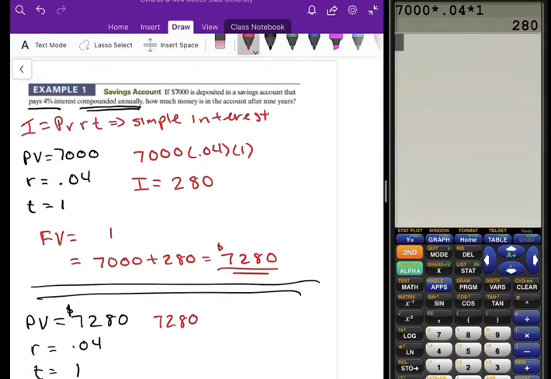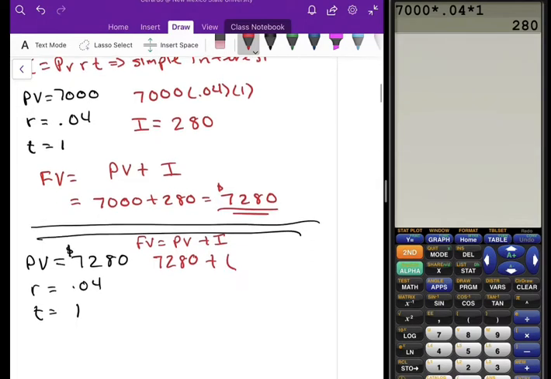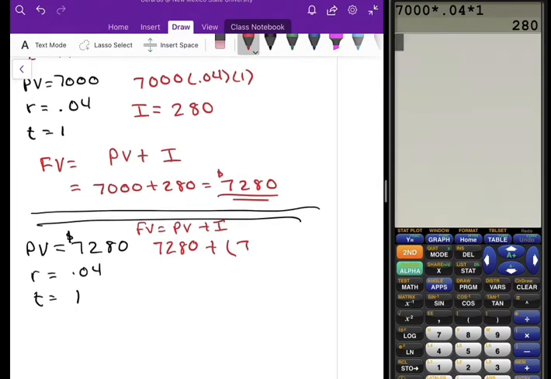This is present value plus interest. Again, the formula is future value equals present value plus interest. So I'm going to put plus, and to find the interest is going to be 7,280 times 0.04 times 1, my bad.